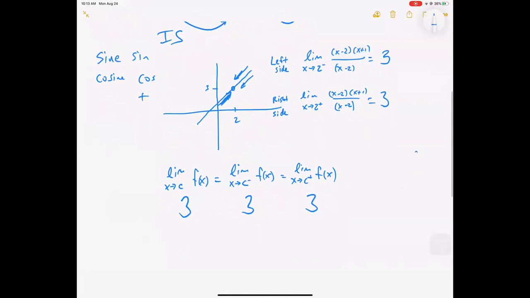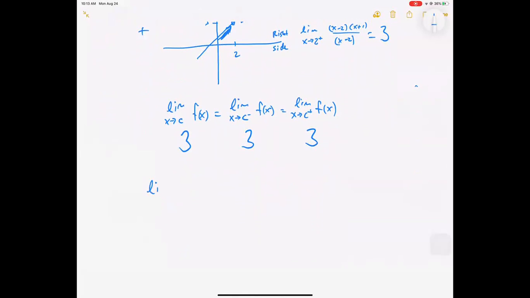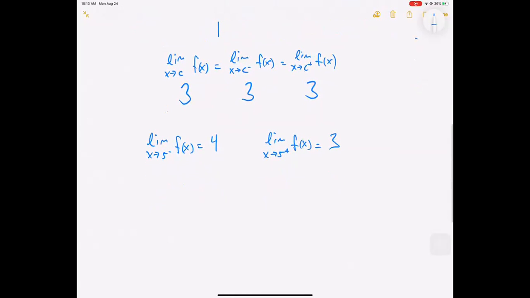But what if we spun this around? What if I said the left limit as x approaches, let's give ourselves another example, 5 of f of x was 4, and the limit as x approaches 5 of f of x was 3 from the right. So if you notice, I put those tiny little marks for left and right. Let's draw ourselves an example here. Here's 5 and 3 and 4.